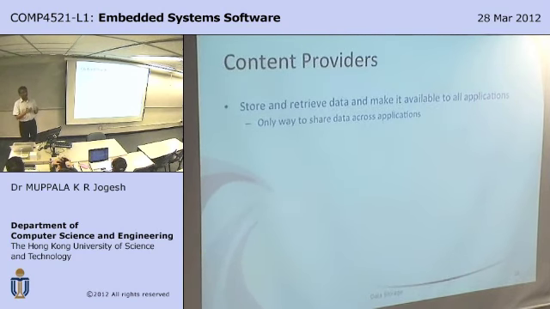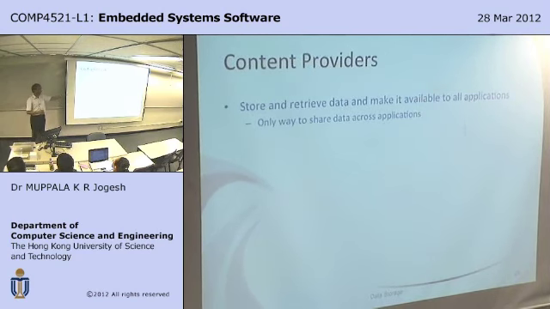Now, if you want to make that information available for other applications, say for example, you are designing a phone application and you want your phone application to be able to access the contacts database that is already on the device, then Android allows the contact application developer to export, to make open the database that it is storing for other applications to use.